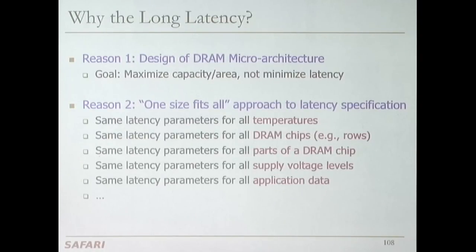This is a conscious choice, basically. The goal has been to maximize capacity per area, not to minimize latency. Of course, what I said is not entirely right, because clearly the design that I showed you is trying to minimize latency. That's why we have subarrays inside a bank. But even that's not enough. Still, the overwhelming goal is to maximize capacity.